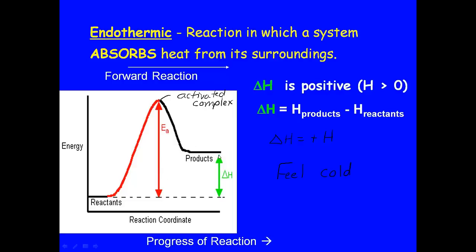That's why you feel it being cold, because you're actually sensing the absence of that energy, because the system took in that energy. So again, in the forward reaction, you're going to see a positive, and it's because products are greater than the reactants.